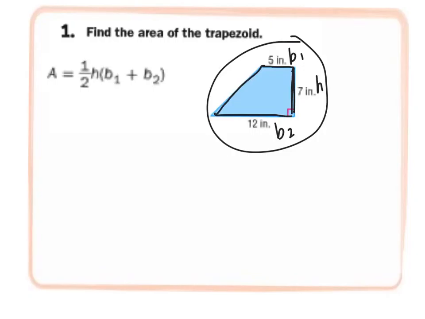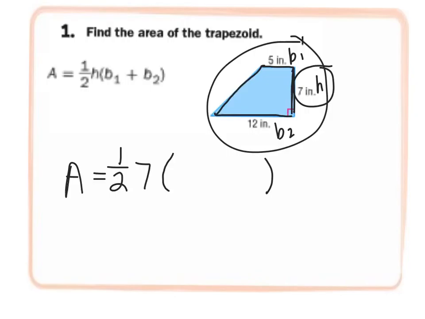Then I'm going to use my formula. I don't know my area, so that stays the A. Then I'm going to do half of the height, which is 7. And then I'm going to put my parentheses because I need to do this part first. So I need to add my base 1, which is 5, and my base 2, which is 12.